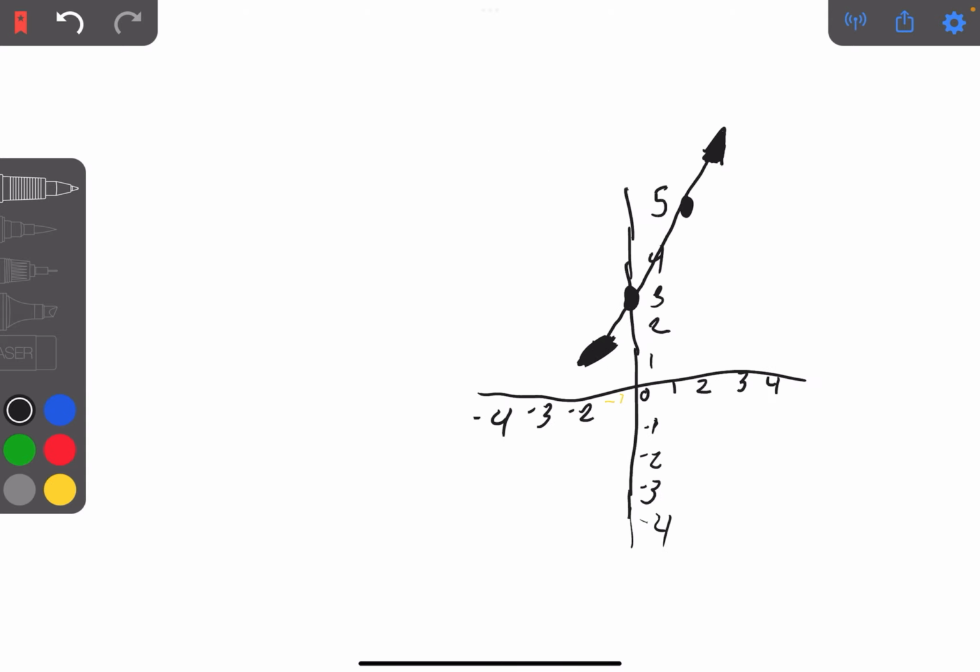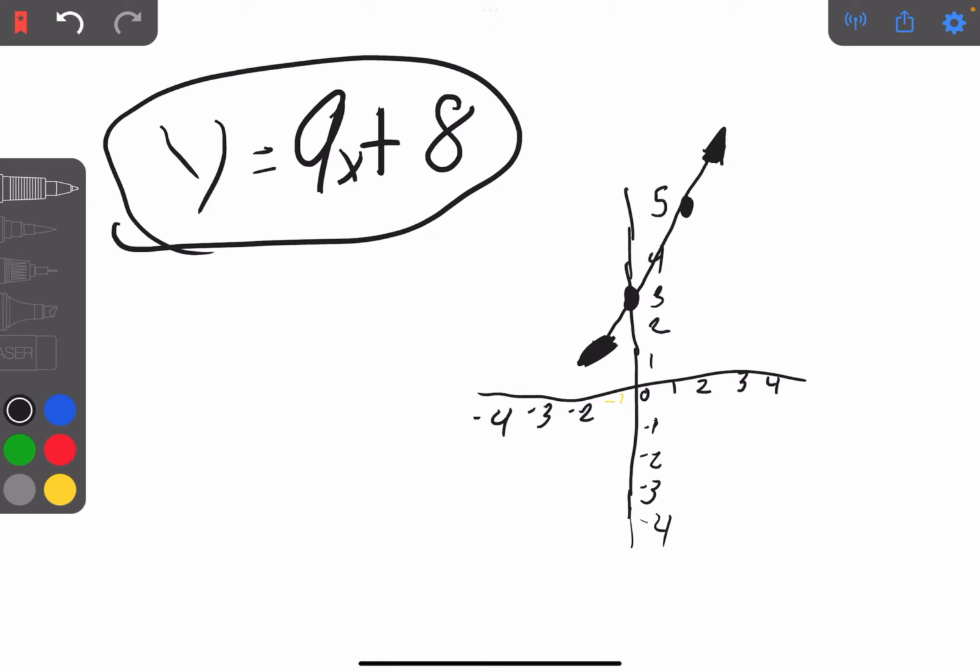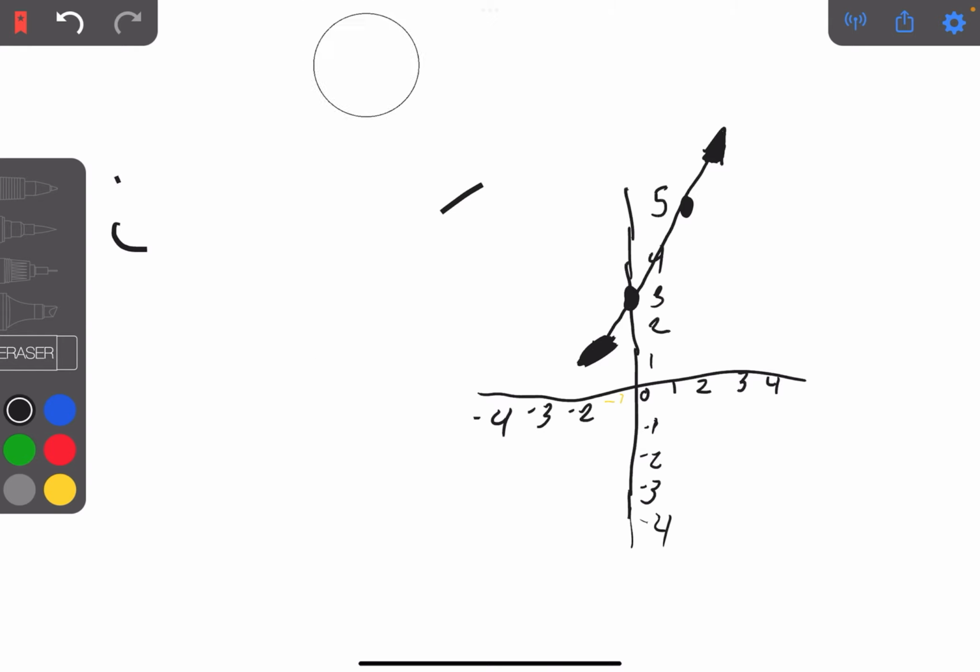So before, we had the equation like y equals, let's just say, 9x plus 8. Well, now you're going to have to write this, and then you would turn it into a graph. But now you have the graph, and you have to turn this into an equation.